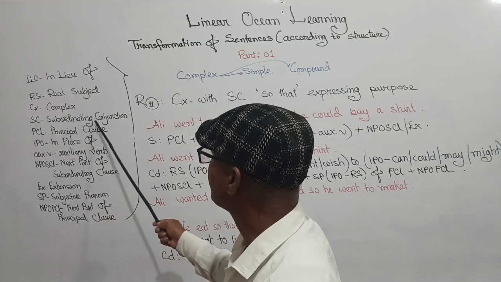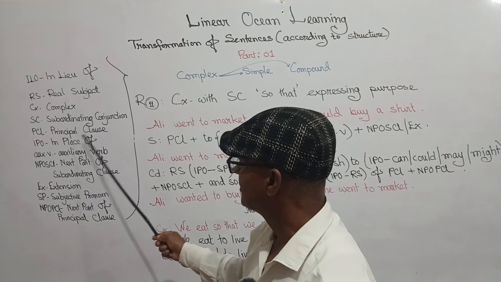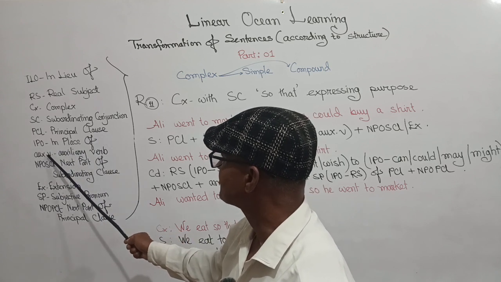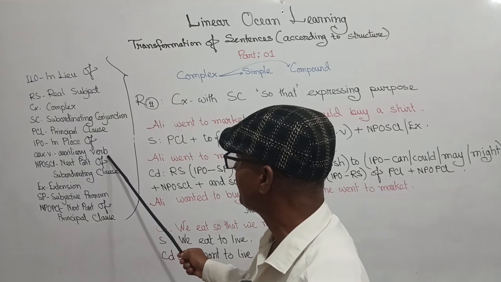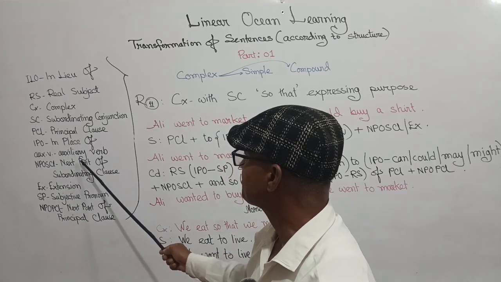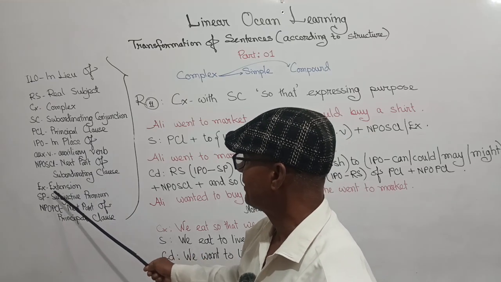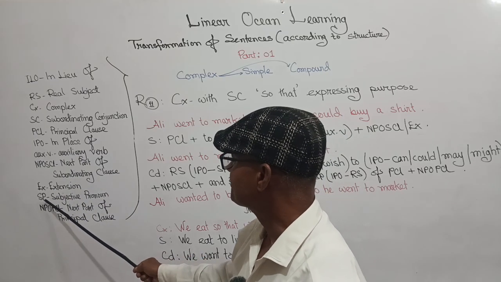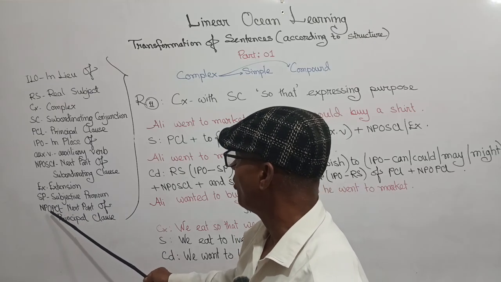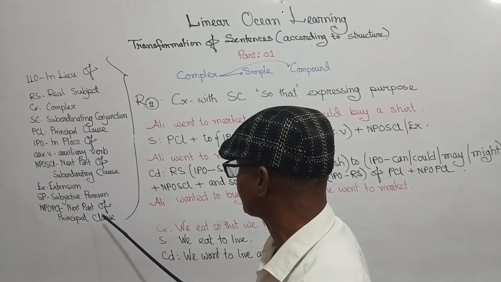SC, subordinating conjunction. PCL, principal clause. IPO, in place of. AUX.V, auxiliary verb. NPOSCL, next part of subordinating clause. EX means extension. SP, subjective pronoun. NPOPCL, next part of principal clause.